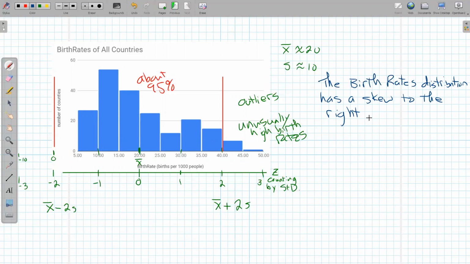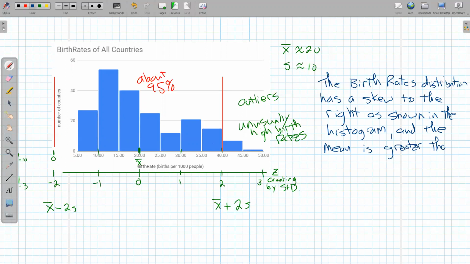And again, we might mention the mean is higher than the median, as shown in the graph. Frequency histogram is the more technical name for that, but just call it histogram. Mean is greater than the median, which we usually see in a skew right. That's our evidence.